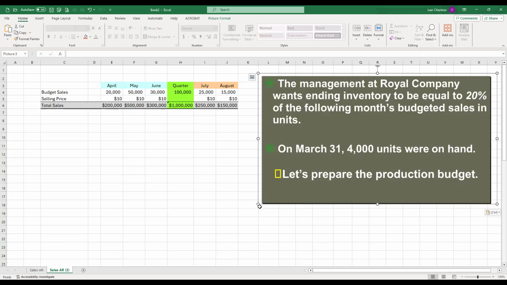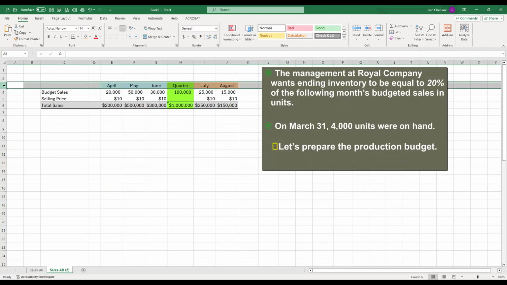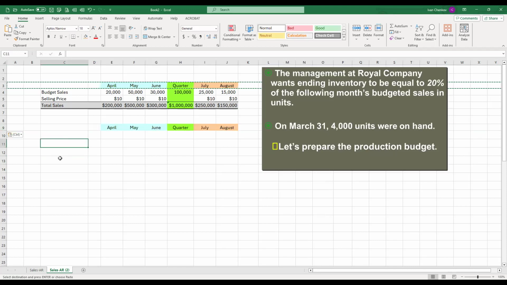Let's paste here the information that we have. So now the management wants ending inventory to be equal to 20% of the following month budget sales. So the question is, how much do we need to produce? Let's copy this line here, and push it here. Not this way, probably that will be more appropriate. So what we know, we know our sales.